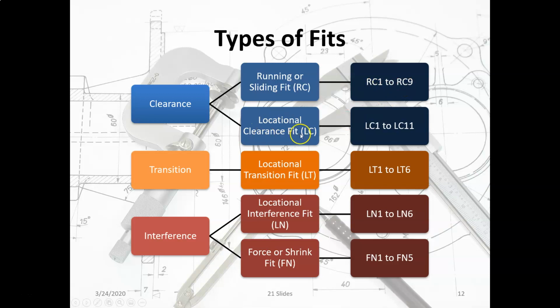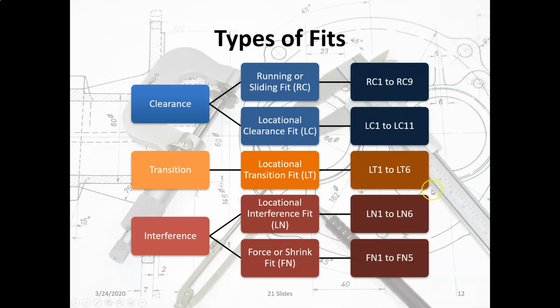Locational clearance fit is an LC, and it ranges from LC1 to LC11. Transition fit is known as the locational transition fit, and its symbol is LT, and it ranges from LT1 to LT6. And then we have two types of interference fits. We have a locational interference fit, LN, and a force or shrink fit, FN. These range from LN1 to 6 and FN1 to 5.